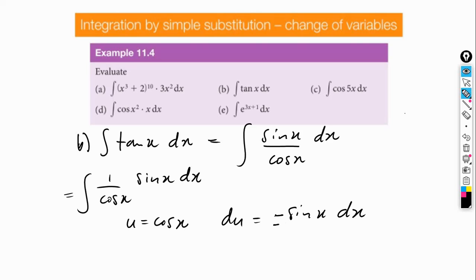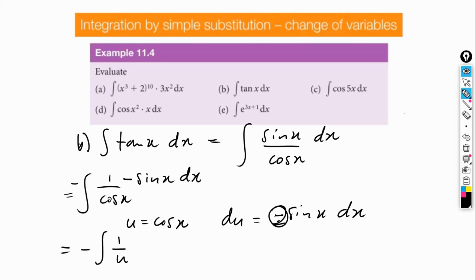Notice that we're missing the negative sign here, right? This negative sign that we need is not present in the original integral, but we can just put it here. We can just say that this is minus sine of x. Now, of course, we would also have to put a minus in front of the integral in order to not change its value.